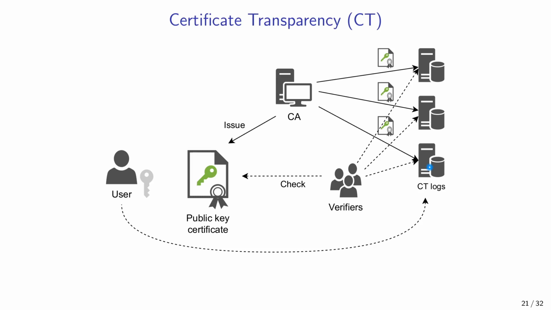If it is not registered, the browser may reject the certificate and raise an alarm that there is some issue with the CA that needs to be investigated. As a result, we have a public database of all issued certificates, which should be constantly monitored by the domain owners to detect unauthorized certificates that have been issued for the domain.